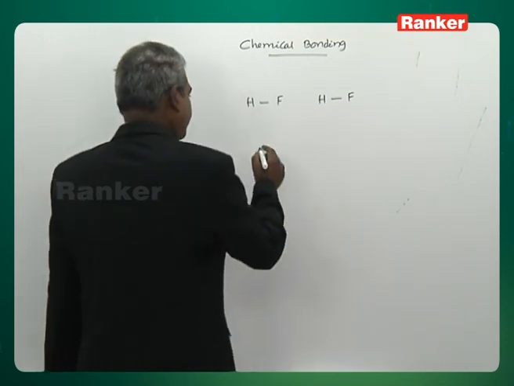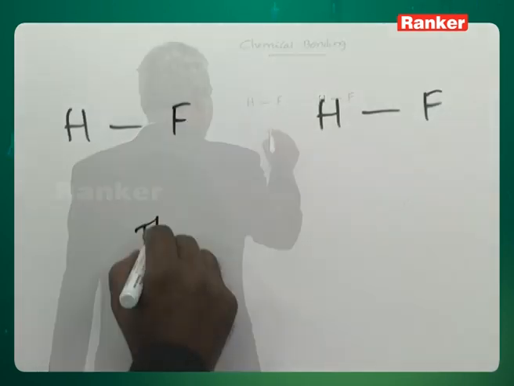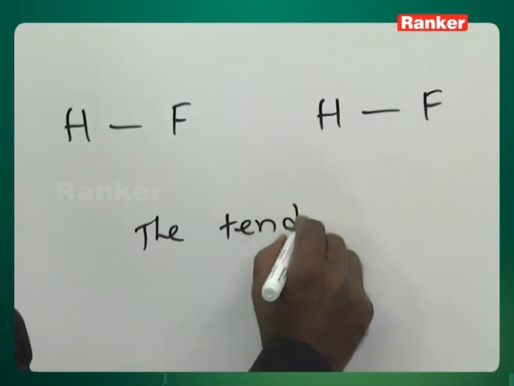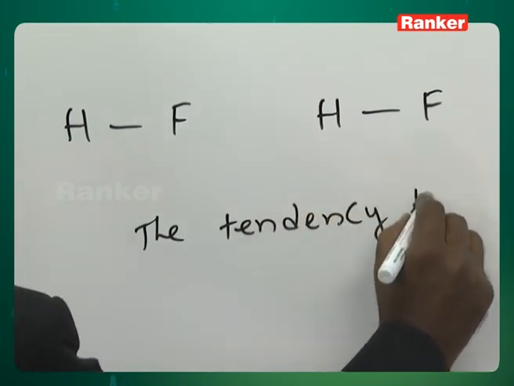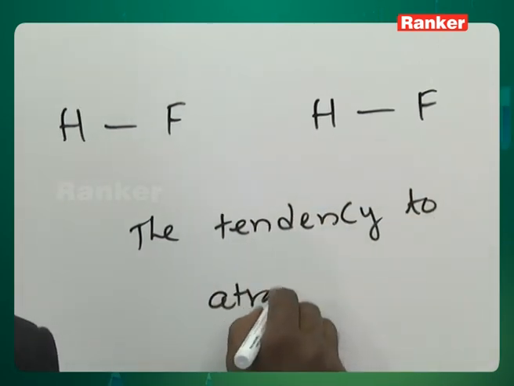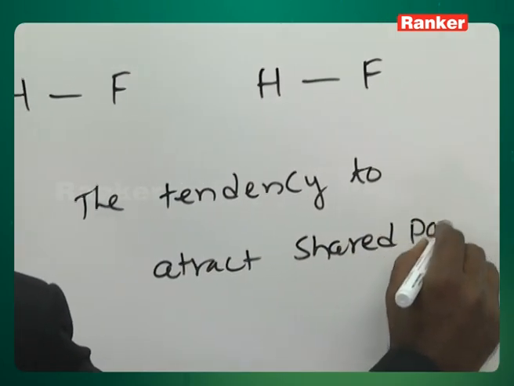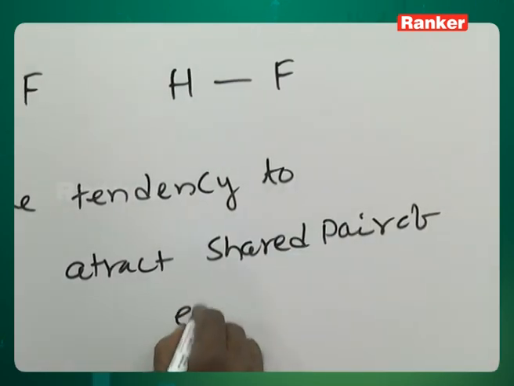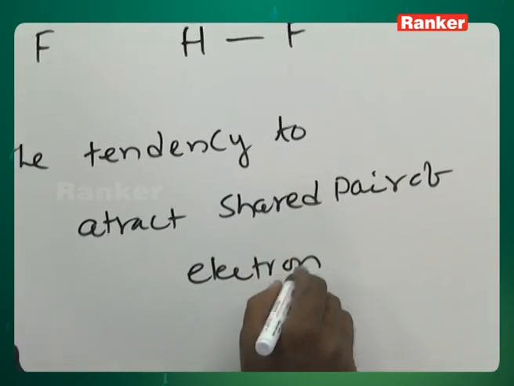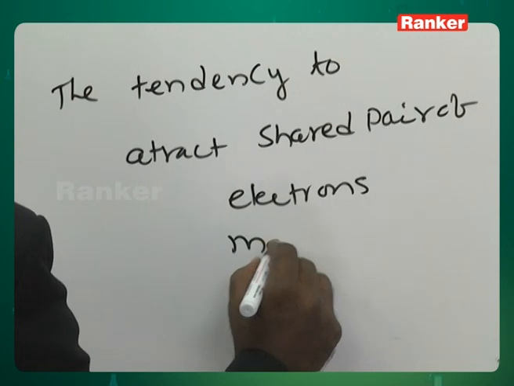What is electronegativity? The tendency to attract the shared pair of electrons more towards oneself.